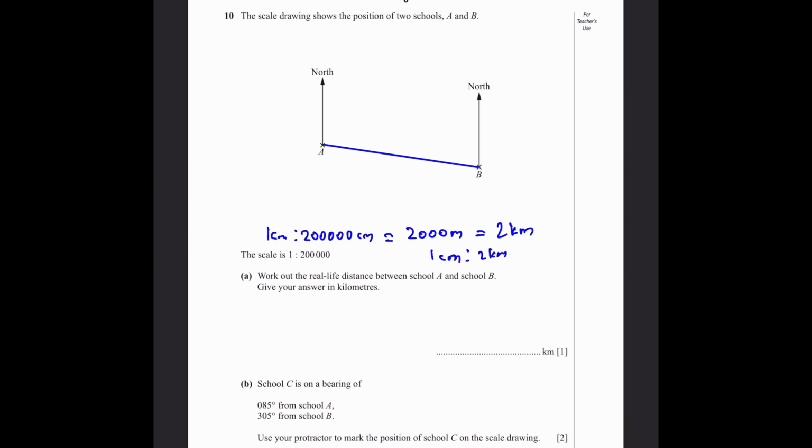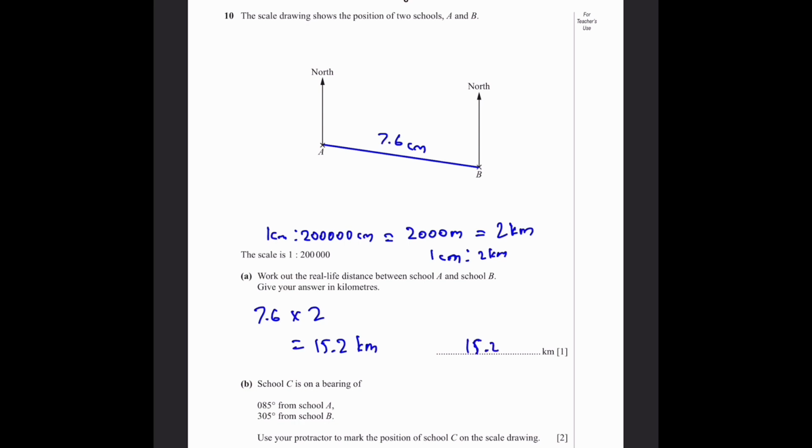Now, see the length of this line segment. It is 7.6 centimeters long if you measure it on an A4 paper. So if we want the real life distance, we can have 7.6 multiplied by 2, which is equal to 15.2 kilometers in real life.